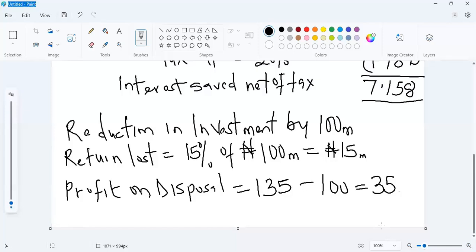That will give us 35 million profit. The profit on disposal has impacts on our profits and our retained earnings, but will not affect our current assets. Why? Because all the money realized, the 135 million, was used to repay debt.